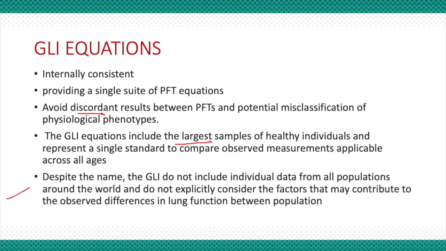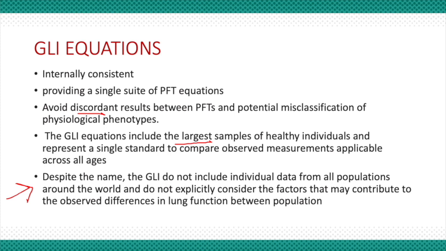However, one pitfall that has been seen is that despite its name, the GLI equations have still not been able to capture data from many countries and many races. For example, from the Southeast Asian population and the Indian subcontinent, there has been less data, and specifically pediatric data has been very sparse.